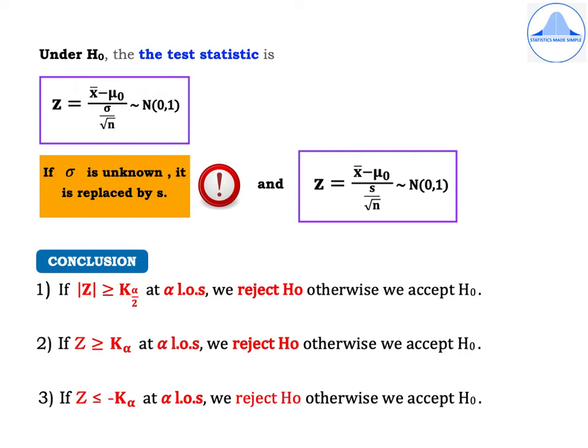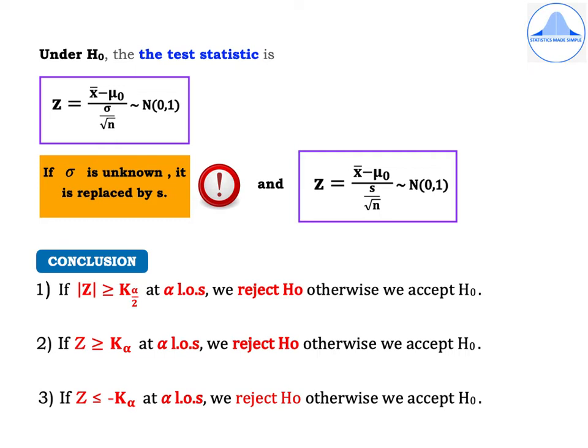So here the conclusion which we have to use is: if modulus of z is greater than or equal to k alpha by 2 at alpha level of significance, we reject H naught, otherwise we accept H naught. Otherwise means if mod z is less than k alpha by 2, then we will accept H naught.